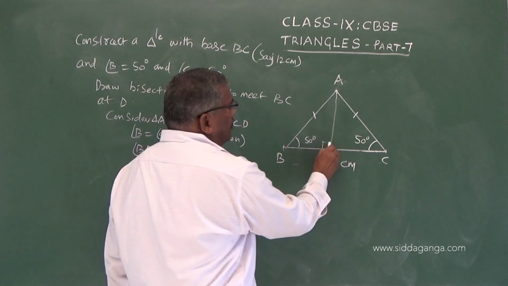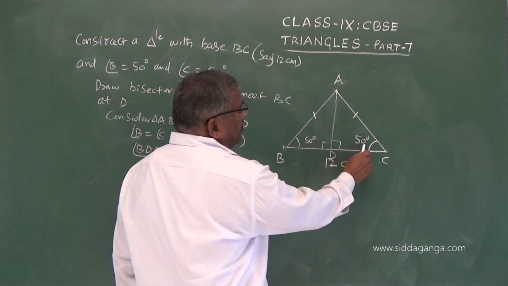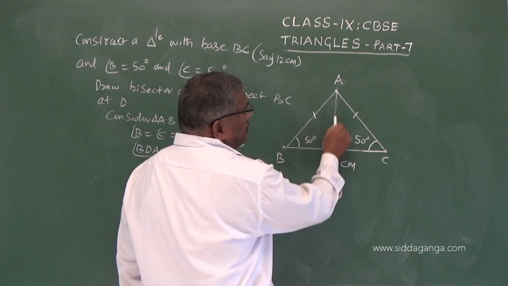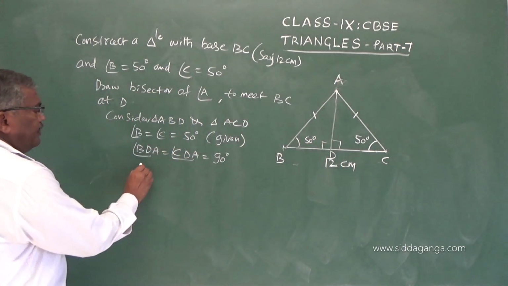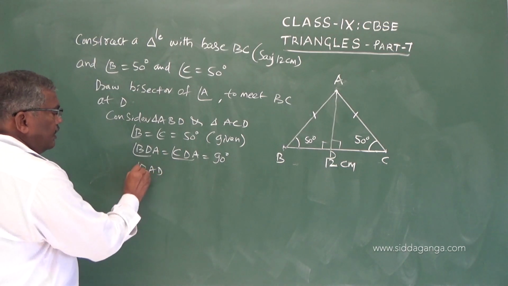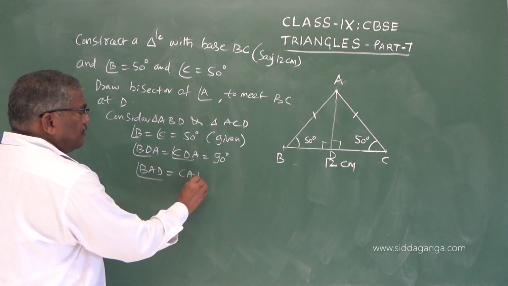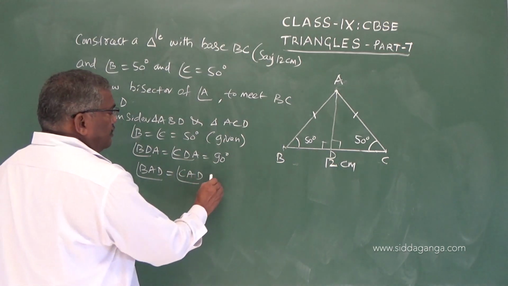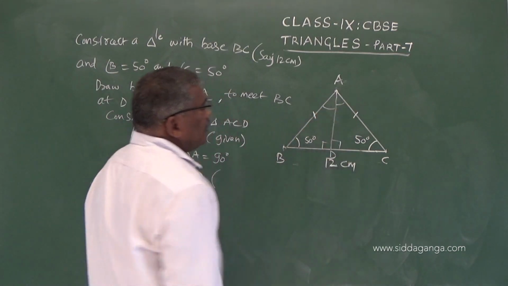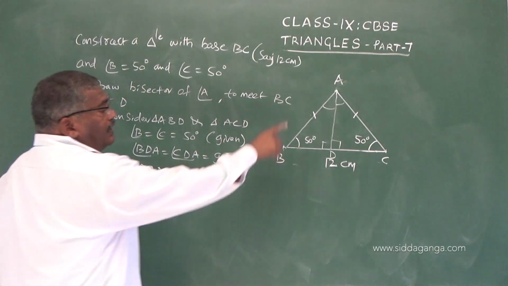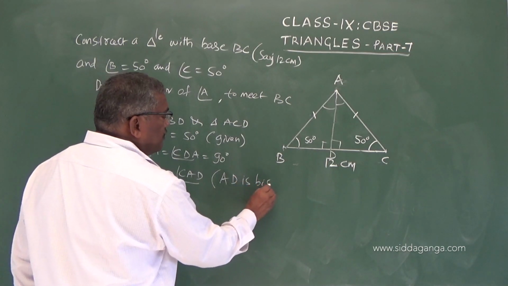These two angles are equal and these two angles are equal. Then angle BAD is equal to CAD. Why are they equal? AD is the bisector.